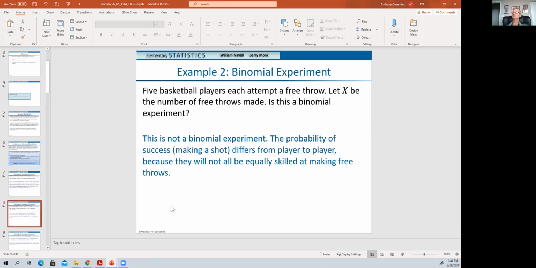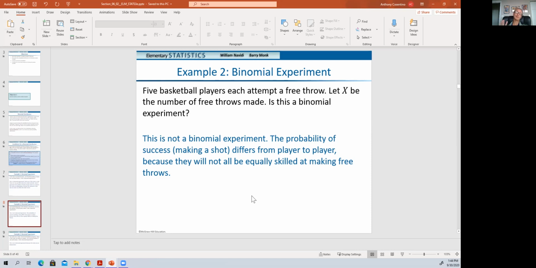On the other hand, this is not a binomial experiment: if you took 5 different people to shoot foul shots, and you let X be the number of foul shots that they make. The reason is the probability of success for each person is different.